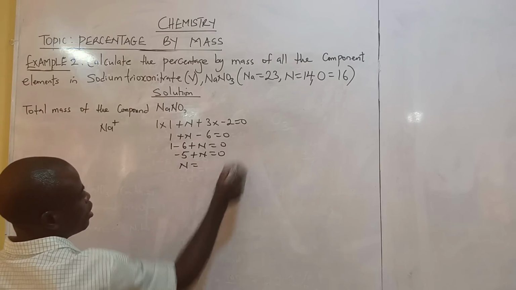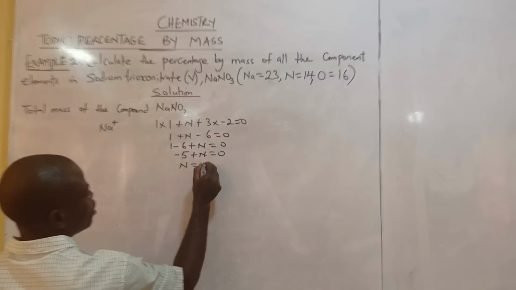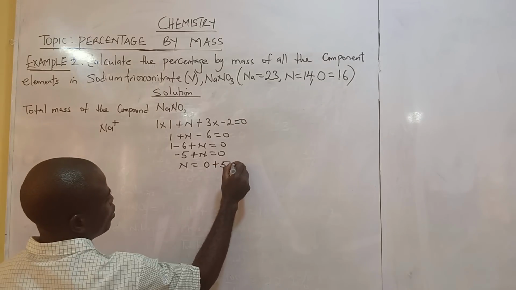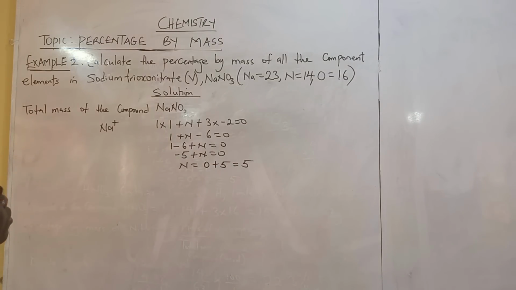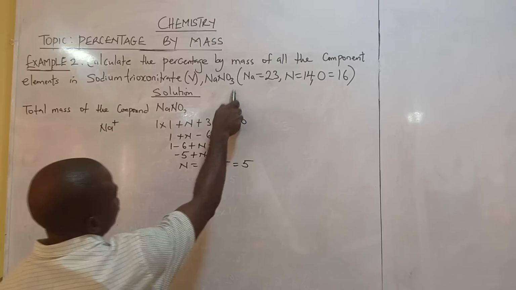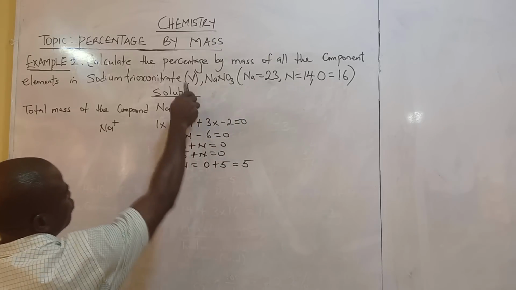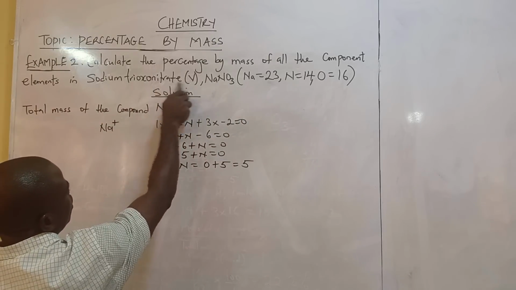N equals, take minus 5 across the equal sign, it becomes plus 5. So you see, sodium trioxonitrate(V).